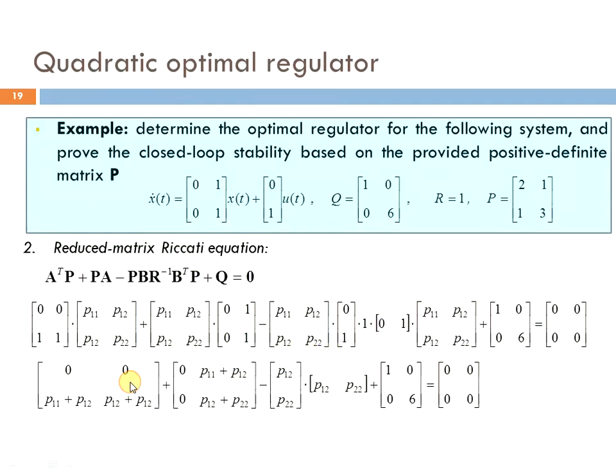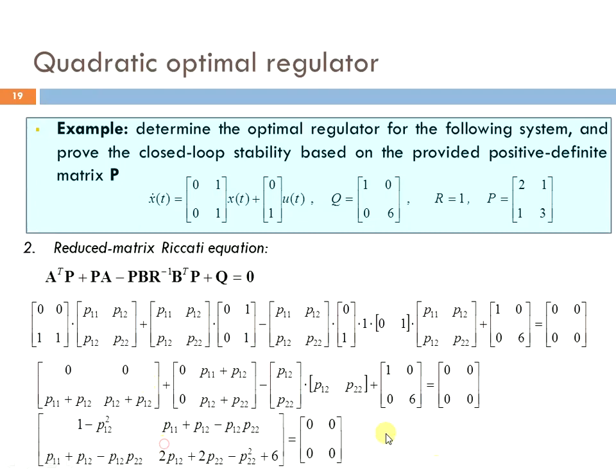In an intermediate step in solving this, the first term evaluates to this, the second term evaluates to this, then we multiply this matrix with this to get that, and we multiply this with this to get that one, and then we just bring down the matrix Q and the zero matrix.